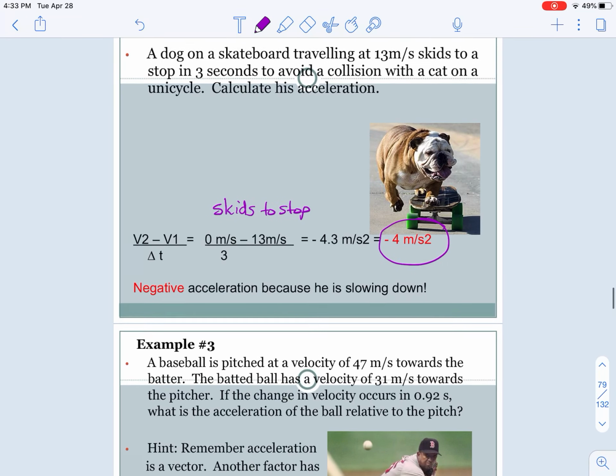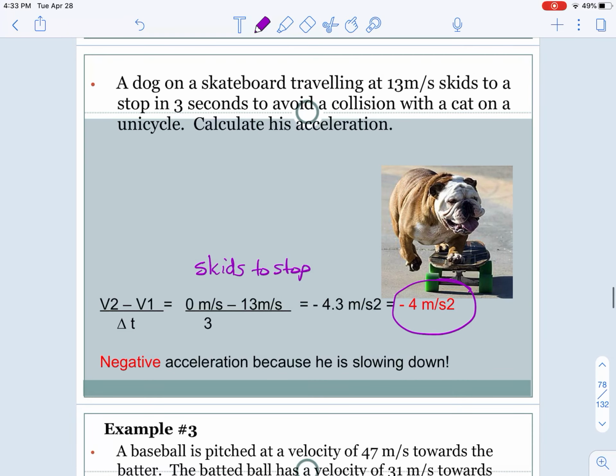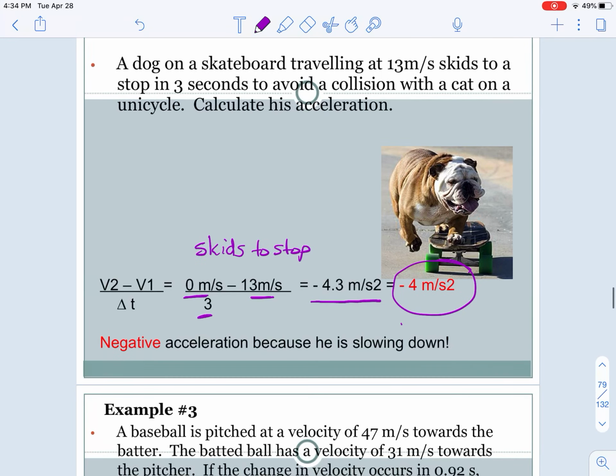Okay. The dog question, he skids to a stop because he was skateboarding. Must be a pretty tricky little guy. And so because his initial was that he was going at 13 kilometers an hour and he is stopping, this is the V2, your final velocity, 0 minus 13 over 3 seconds gives you a negative value, and don't be afraid of that.